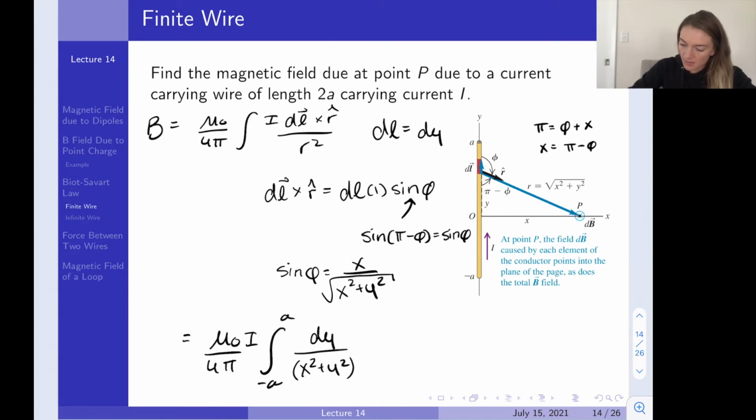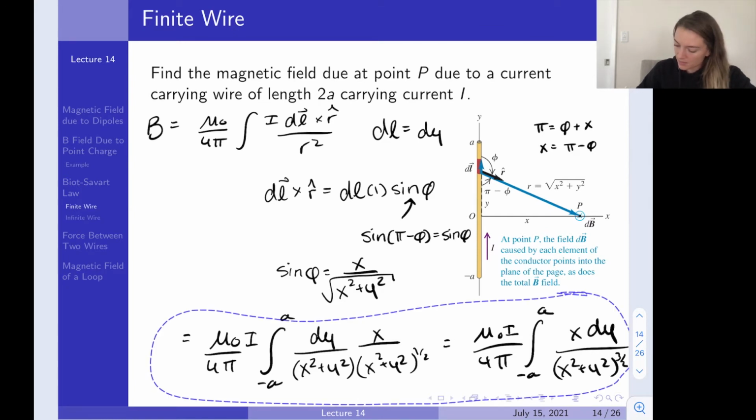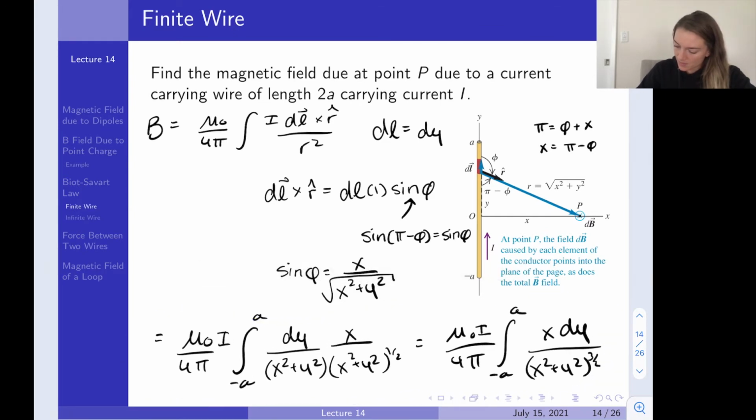And then from the sine, we have x over x squared plus y squared to the 1/2. So we can see that we're going to get that 3/2 again, just like in the case of the electric field. So this is our integral.